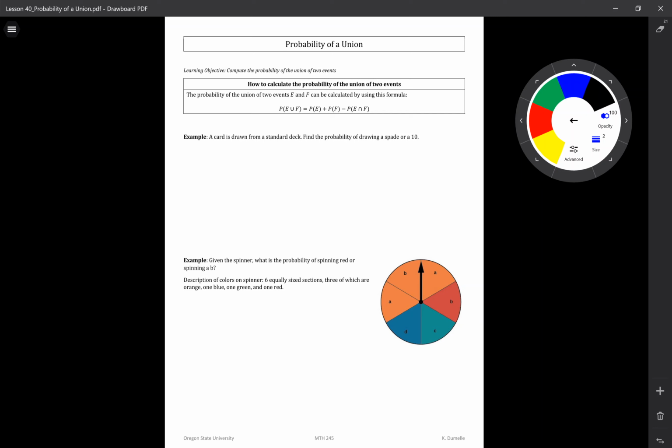So if a card is drawn from a standard deck, we want to find the probability of drawing a spade or drawing a 10. So I'm going to define E as drawing a spade, and I'm going to define F as drawing a 10.